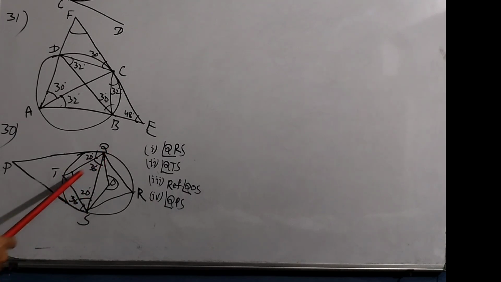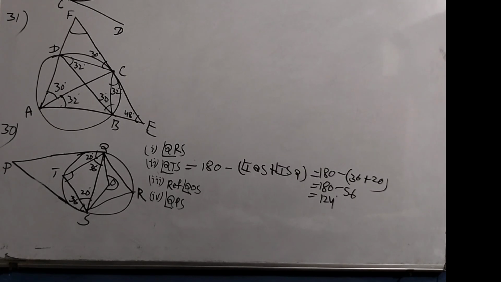Now QTS angle equal to 180 minus (36 plus 20), by the angle sum property. So QTS angle equal to 124.